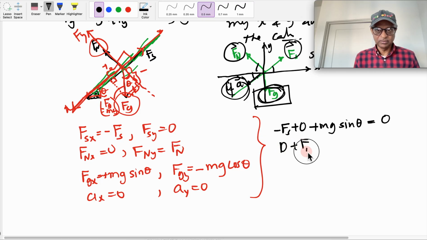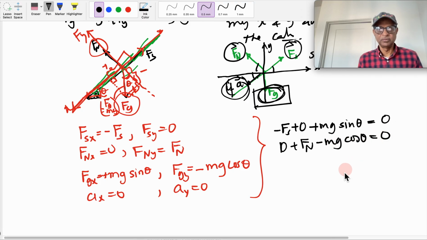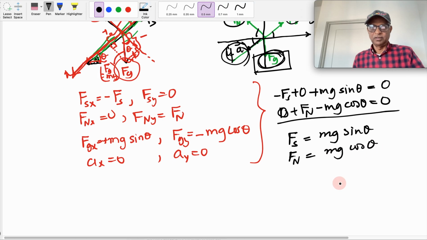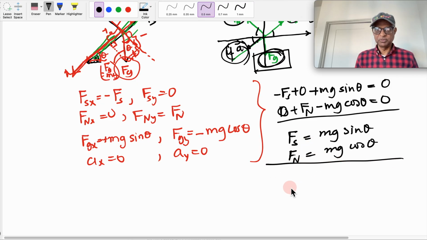And 0 plus fn minus mg cosine theta equals 0. And this tells you fs equals mg sine theta and fn equals mg cosine theta. Sometimes people ask for the ratio of fs over fn, which equals tangent theta.